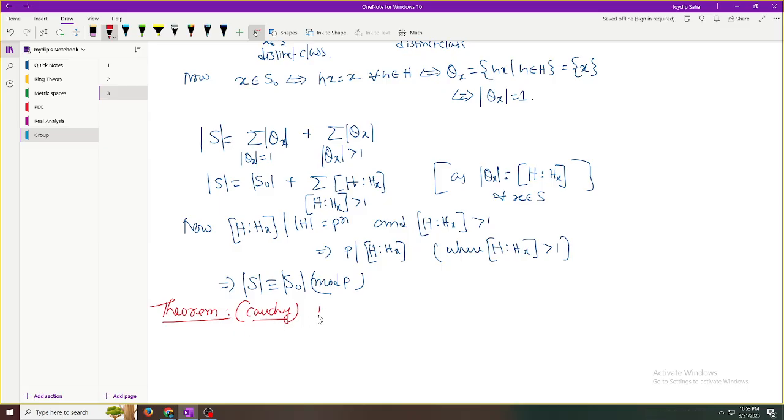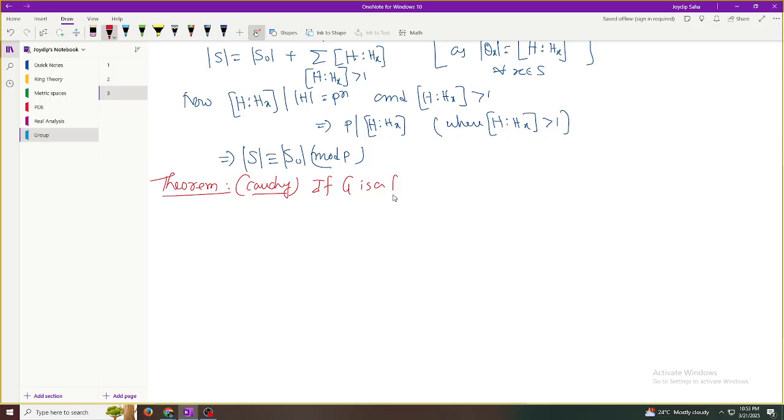Cauchy's theorem. If G is a finite group whose order is divisible by a prime p, then G contains an element of order p.